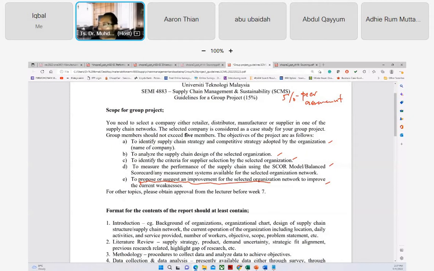I don't know. Some of you, one of you, maybe you can start to do the list in the WhatsApp group. So list group 1, group 2, group 3, and so on and so forth.